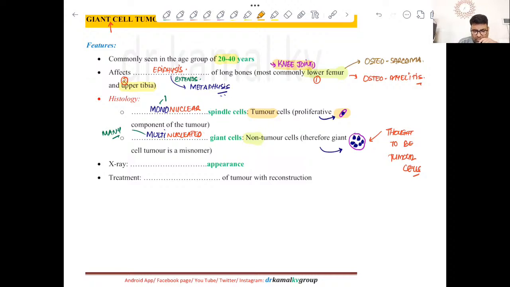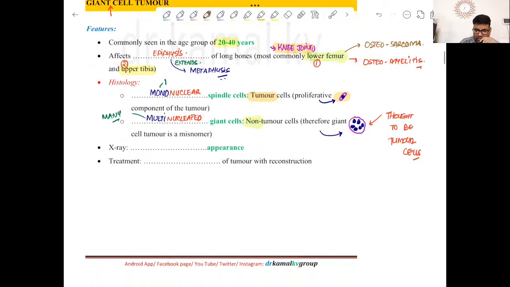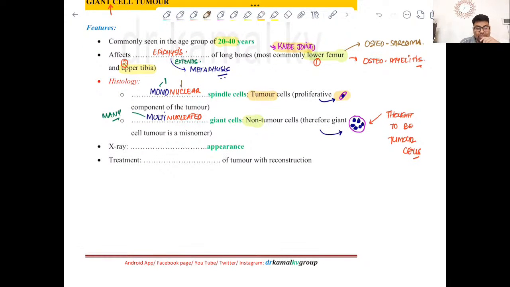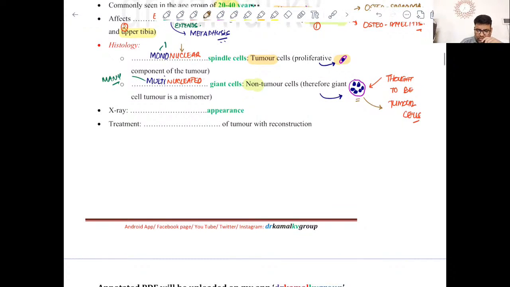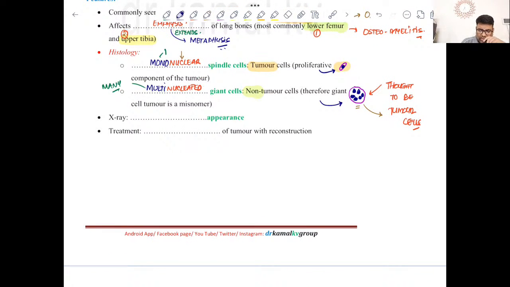So anyway, by that time the nomenclature was already done, so we are continuing with that term even today. The mononuclear cells are the tumor cells and not the multinucleated giant cells, based on which the nomenclature has been done erroneously, right?